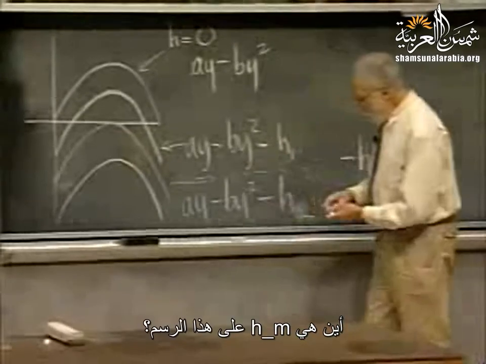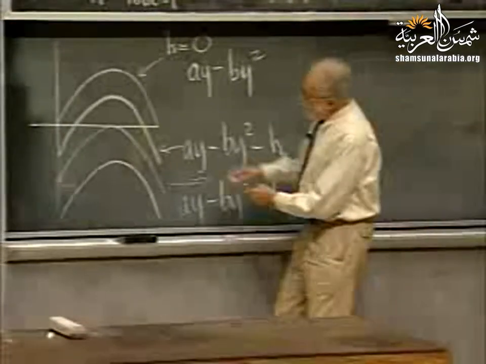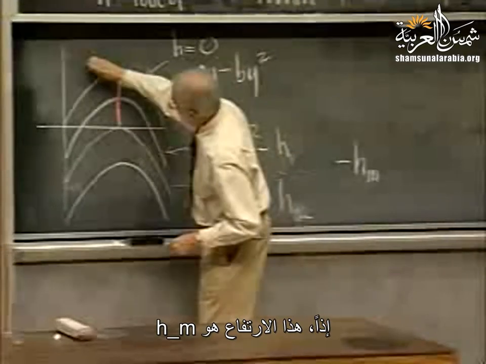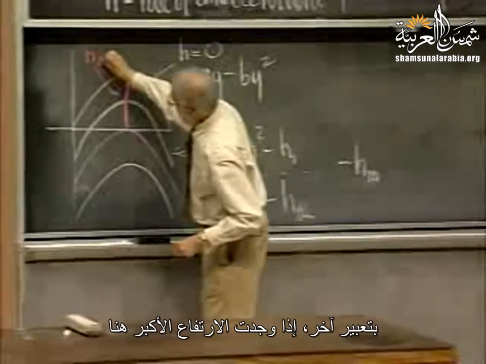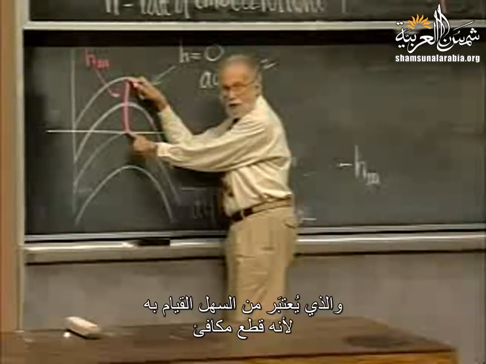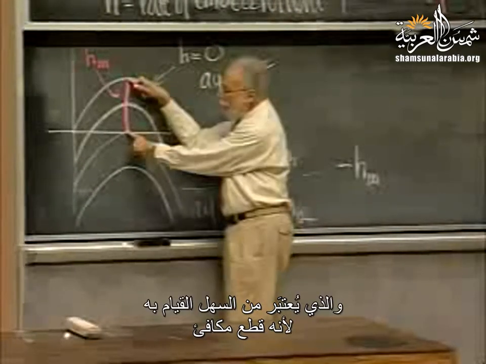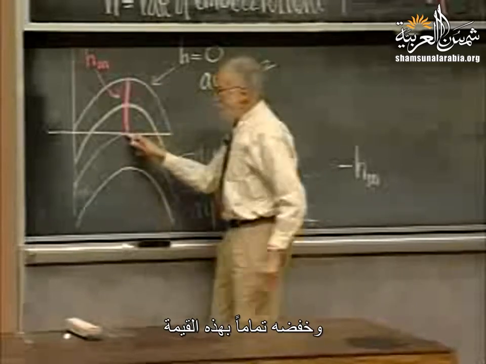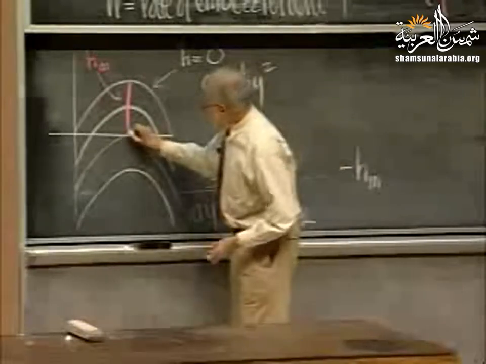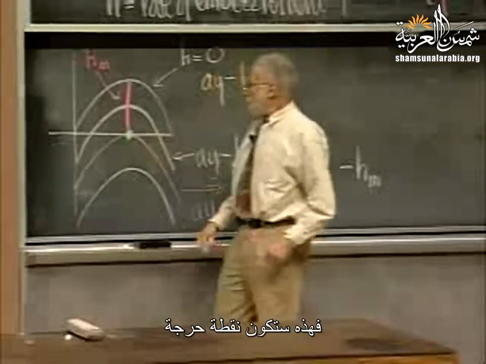Where is h sub m on the picture? Well, I lowered it by this amount, so this height is h sub m. In other words, if I find the maximum height here, which is easy to do because it's a parabola, and lower it by exactly that amount, I will have lowered it to this point. This will be the critical point.